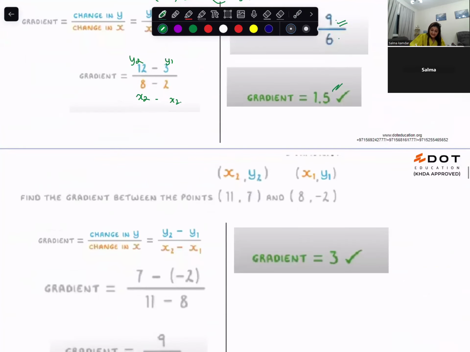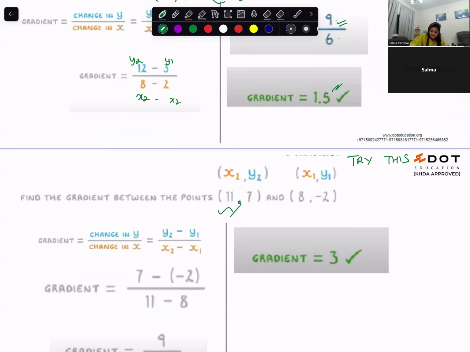You can try this. Even if you are unable to spot coordinates with the higher one, you can take any set of points as x1, y1 and the other as x2, y2. Okay.